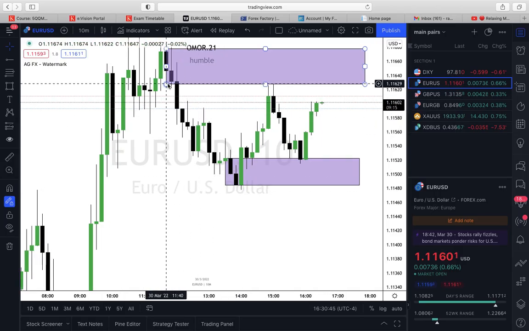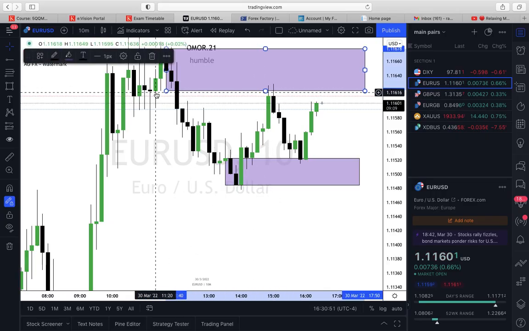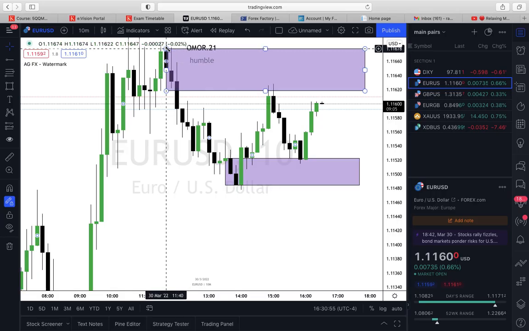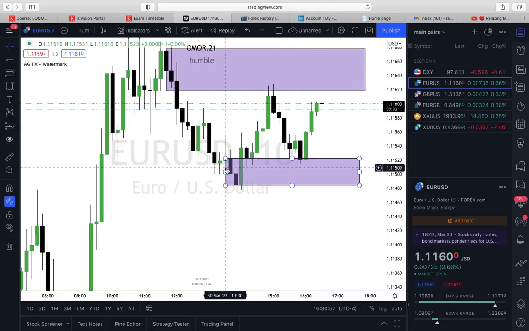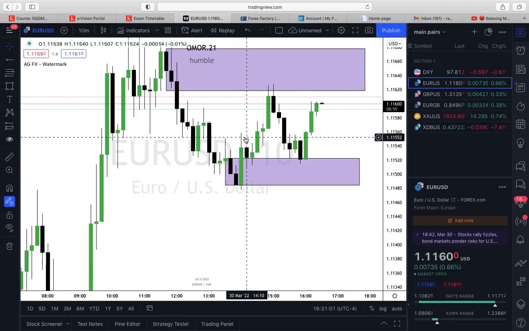Now, on the 10-minute as well, you would want to bring this down to this candle because these are the last two up close candles on the 10-minute before the down move, and on the 10-minute, these are the last two down close candles before significant displacement.